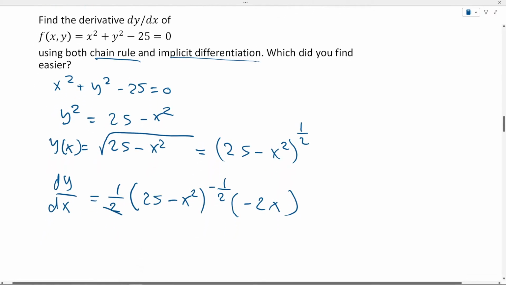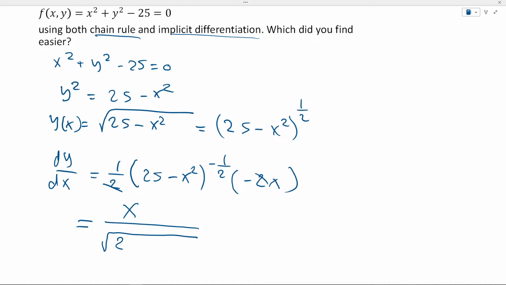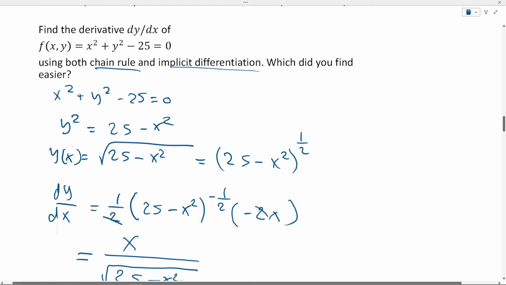So the 2 here will go away with the 2 here, and what do I get? I will have an x here, and I will have the square root of 25 minus x squared.